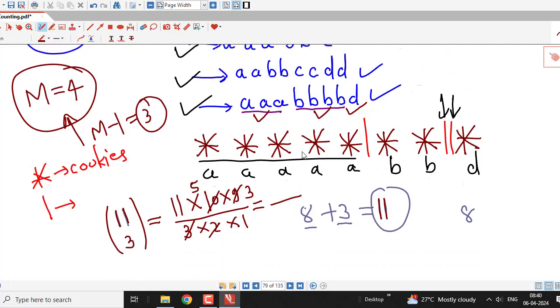So the total number of ways of selecting 8 cookies depends on the number of combinations of these 11 positions taken 3 at a time. If we can decide the number of ways we can put these 3 bars among all these 11 positions, then that number will give us the number of ways we can select 8 of the 4 types of cookies.